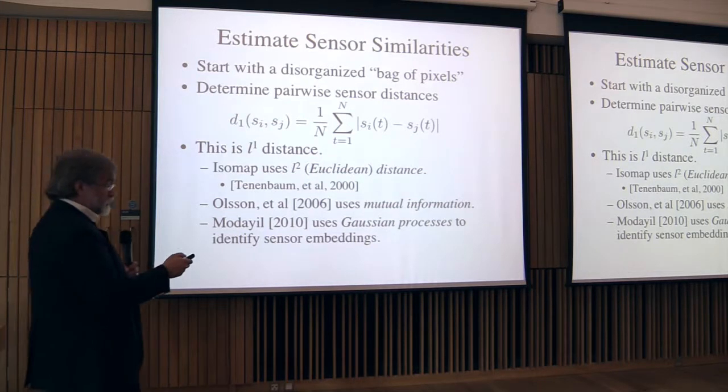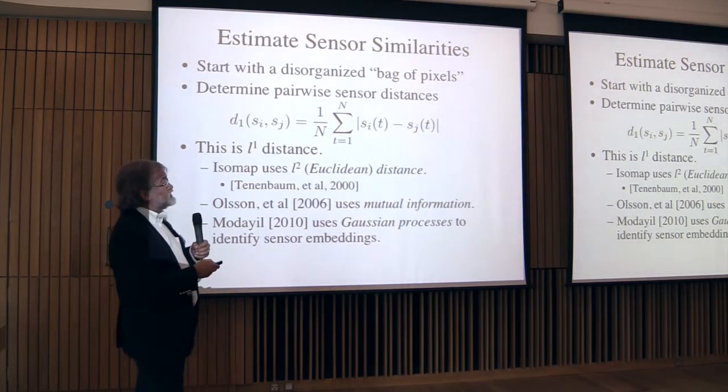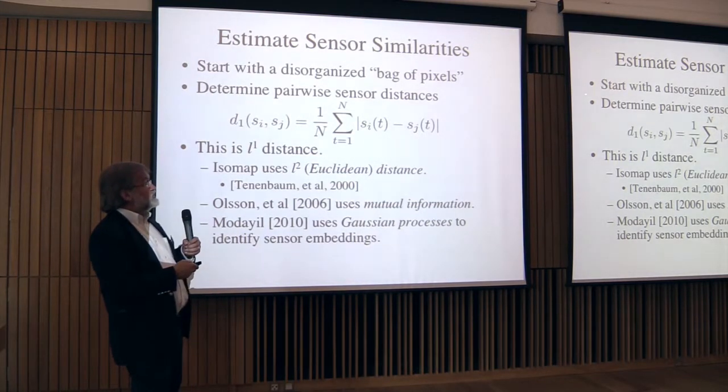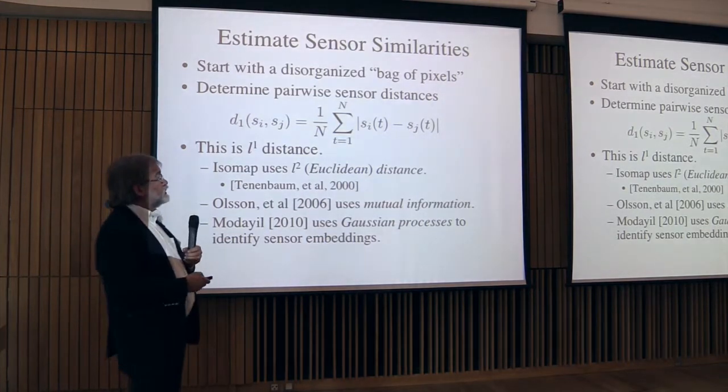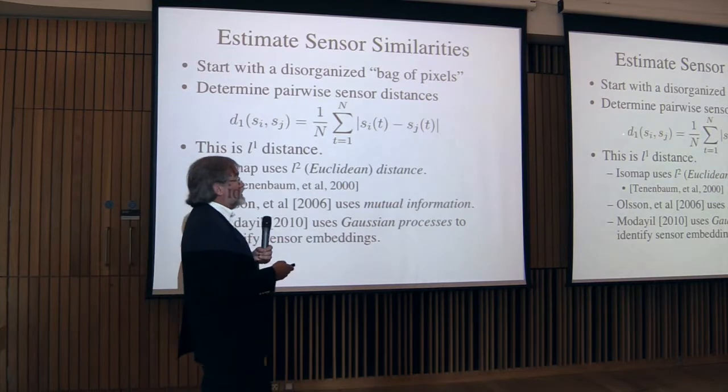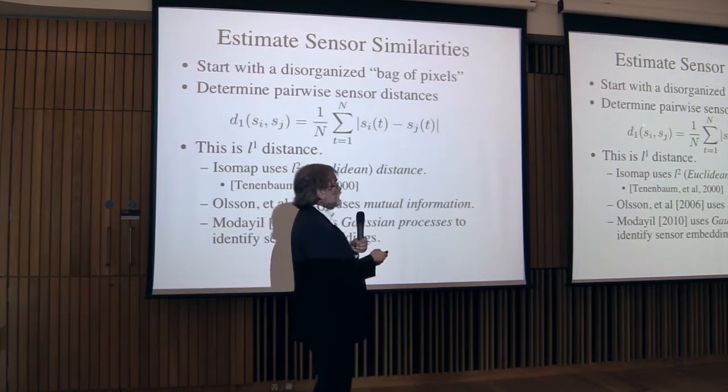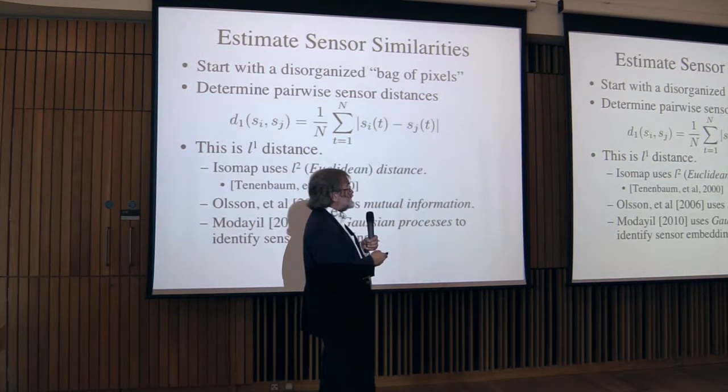So what we want to do is to estimate the sensor similarities, starting with a completely disorganized bag of pixels. We're going to compute a distance metric that will tell us a distance between every pair of pixels, Si and Sj.